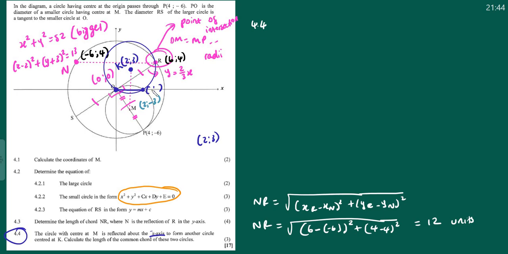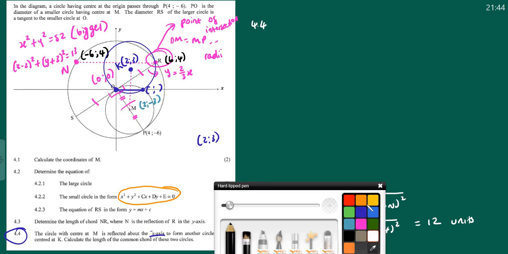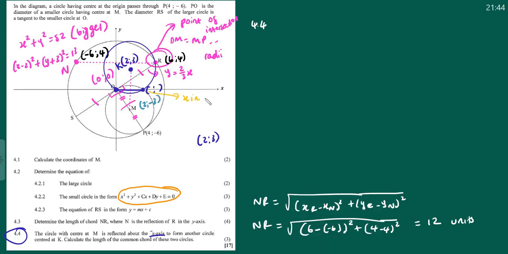So the point there, it's a nice point. Isn't it an x-intercept? There. It is an x-intercept. So we just need to find the x-intercept, but of the circle of which we have the equation, the smaller circle, isn't it? So we can use it to find the x-intercept.